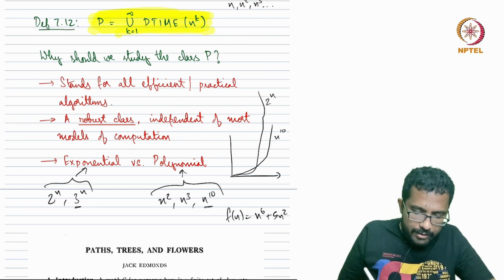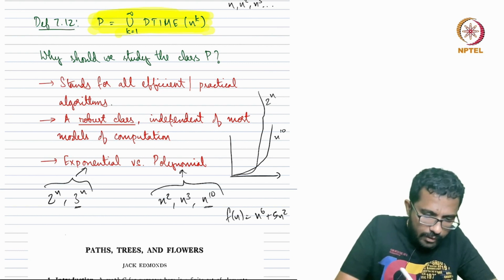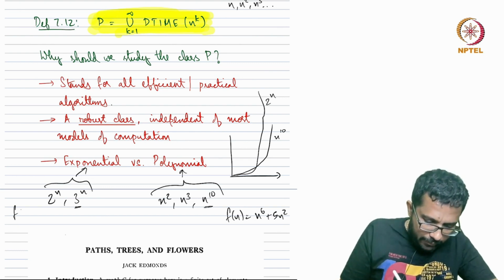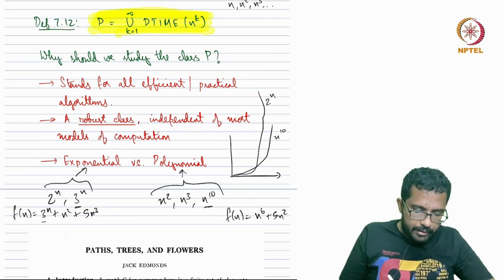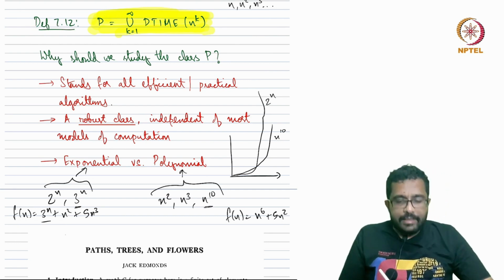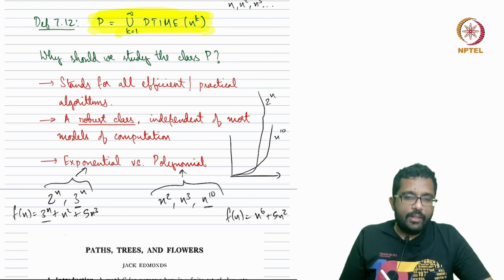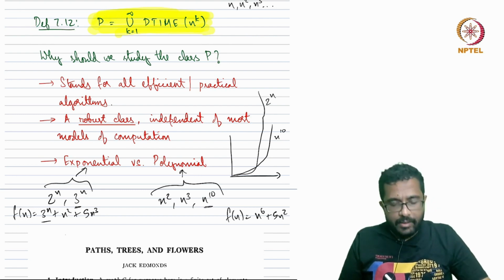Whereas if the running time was something like f of n equal to 3 power n plus n squared plus 5n cubed or something, the dominating term here is 3 power n. So this is exponential. In this case, we say it's exponentially growing, right?